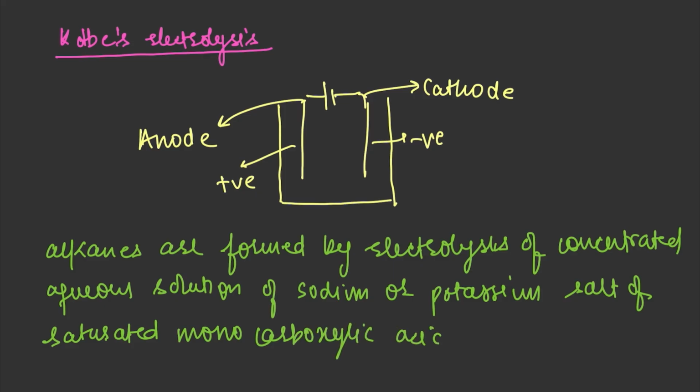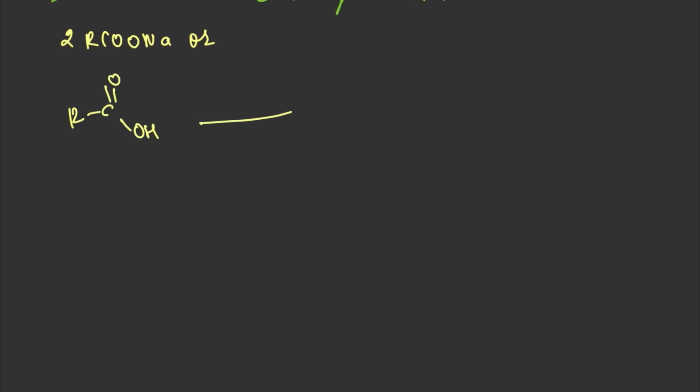So how does this reaction take place? First of all, we have, let's say, 2 moles of RCOONa, or we have RCOOH, that is reacting with NaOH, and then we have electrolysis. First we react the acid with NaOH.